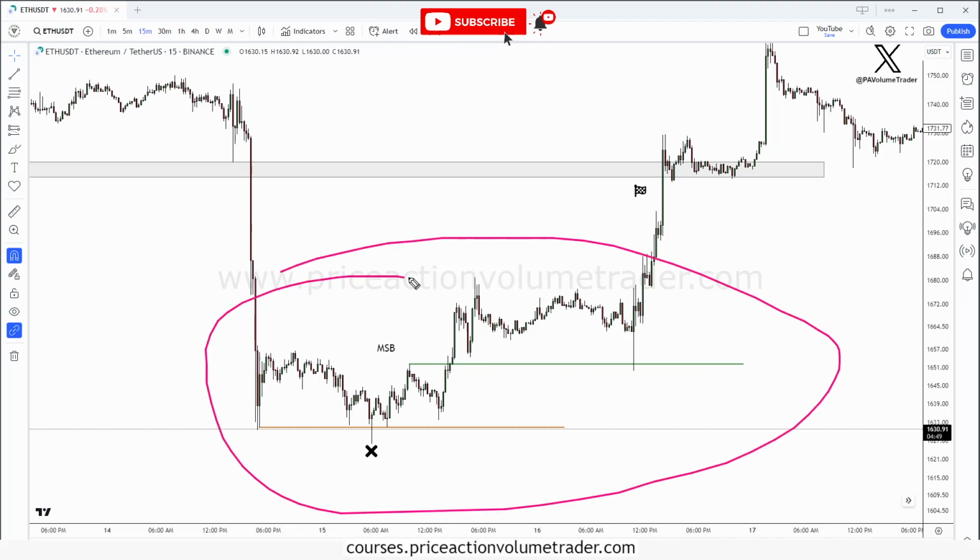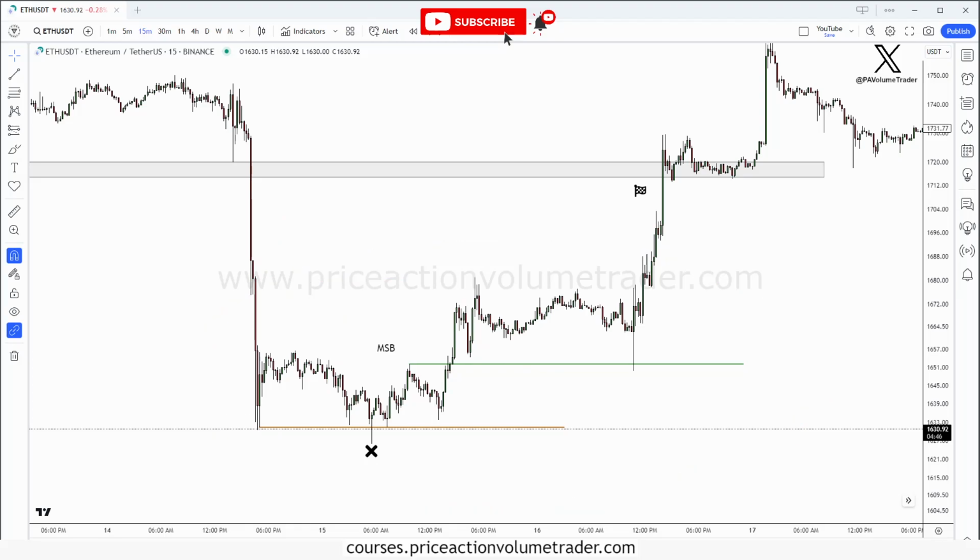So if you wait for one of these patterns like we're talking about, this is going to give you some clues as to where you can expect some kind of trend reversal, or at least a short-term reversal.